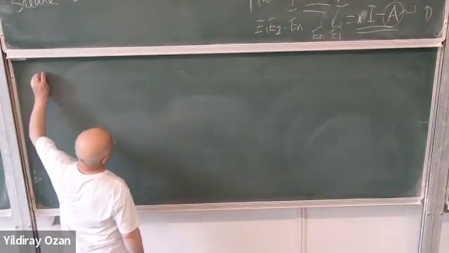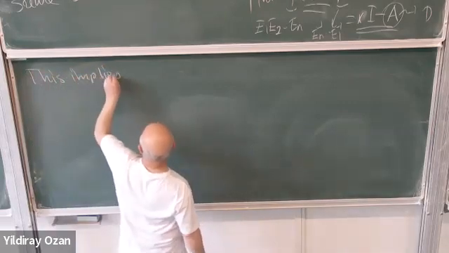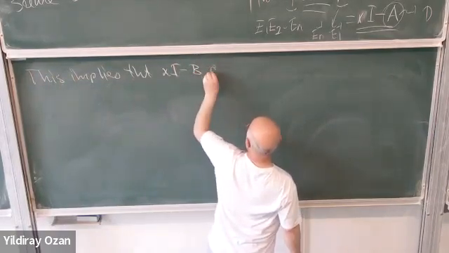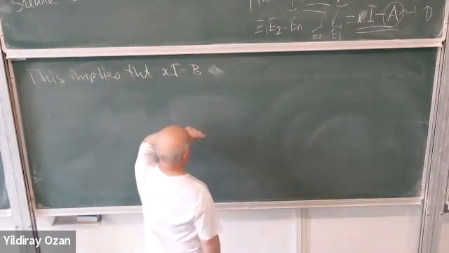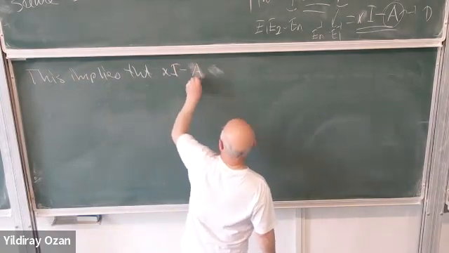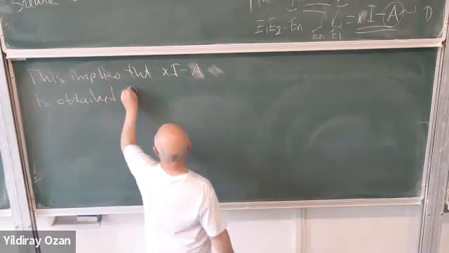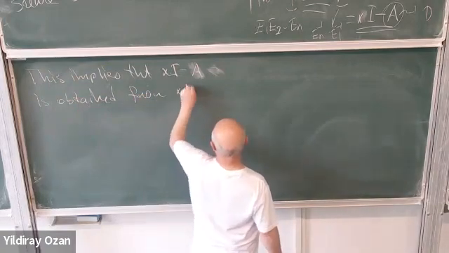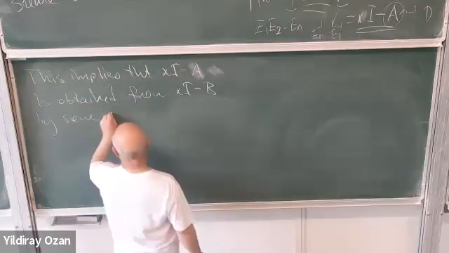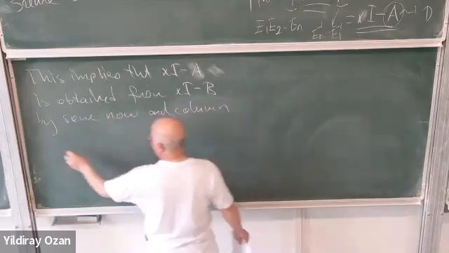Okay, so this implies that xI minus A is obtained from xI minus B by some row and column operations.